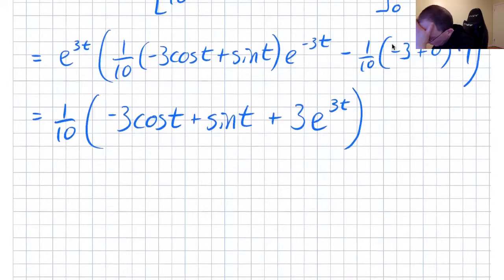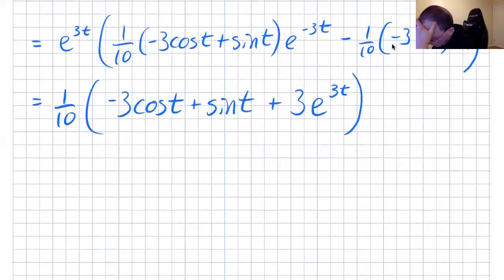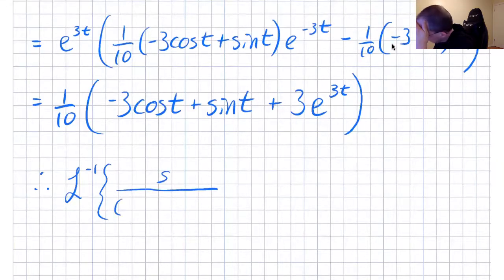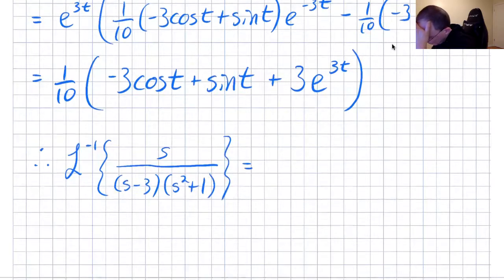Okay, so what does that mean? So therefore, the inverse Laplace transform of s over s minus 3 times s squared plus 1 is equal to this.